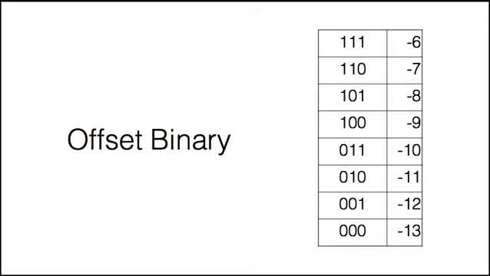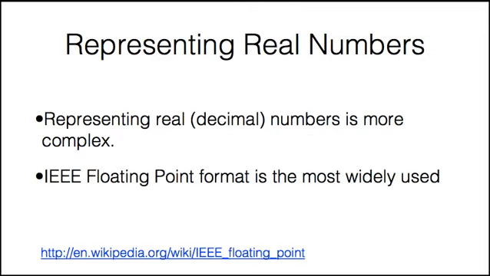And so this is what this module is about. How do we make bits represent different kinds of values? Now, representing decimal numbers is a whole other thing.